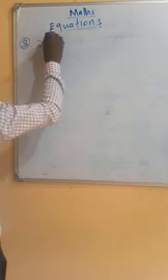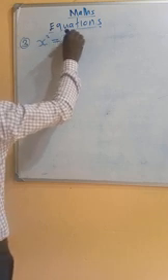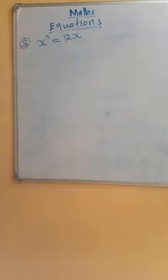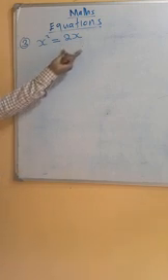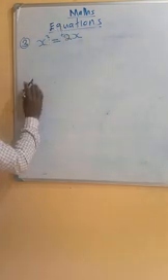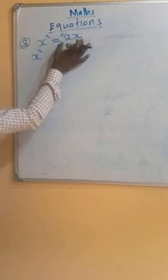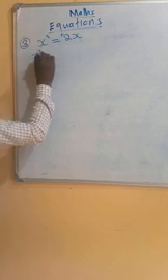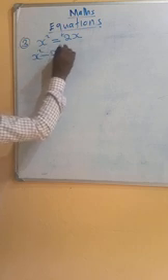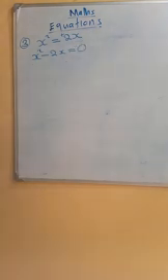X squared is equal to 2x. So we solve that equation there. X squared is equal to 2x. So we are going to cross 2x to the other side of an equation. Now, this one is positive 2x. So you're going to cross positive 2x to the other side. So this becomes negative 2x. Then is equal to, since there's nothing there, you're going to put a 0 like that.